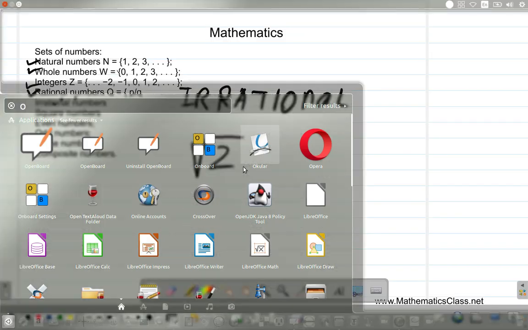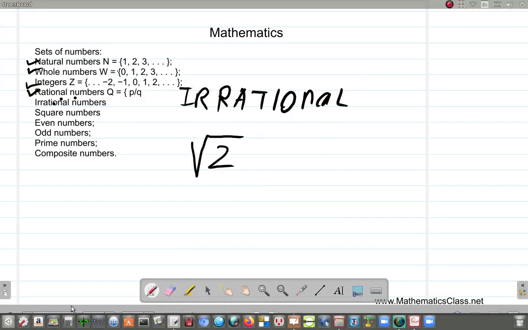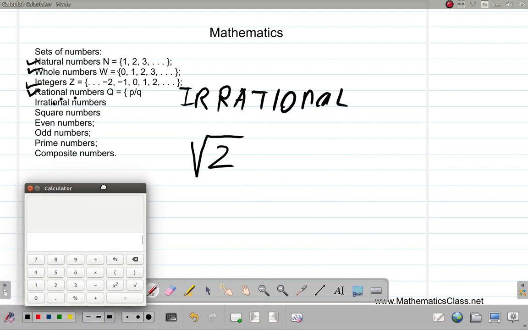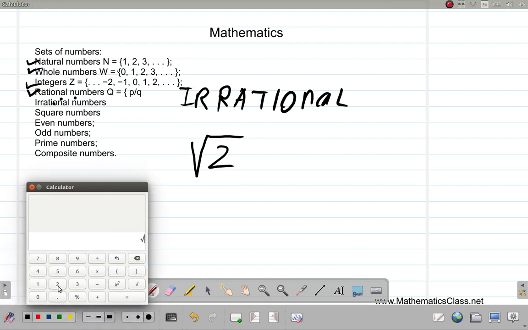Let's look at our calculator here. On our calculator, square root of 2 equals. You have 1.4, but that is not perfectly accurate. It's not exact. 1.41, that's not exact either. 1.414, more accurate but not exact. What we see here is this.